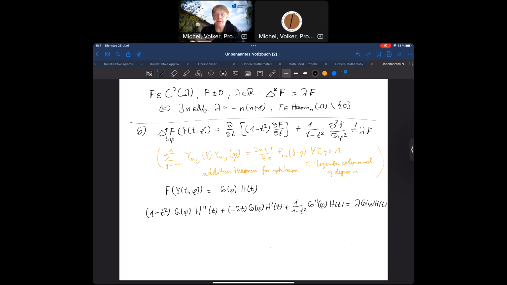So what I want now is a separation of the variables in my equation. So I want to take everything with a t to the left-hand side and everything with a phi to the right-hand side. And I do that, first of all, by dividing actually by f. So I multiply with 1 over g of phi h of t. Now, I have to do that away from the zeros of f. First of all, I don't want f to be identical to 0. I don't want it to be the 0 function because I'm looking for eigenvalues.